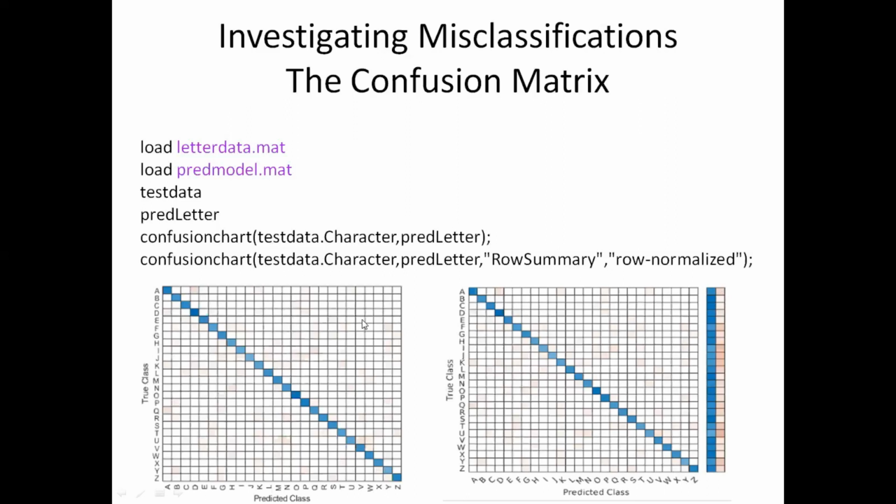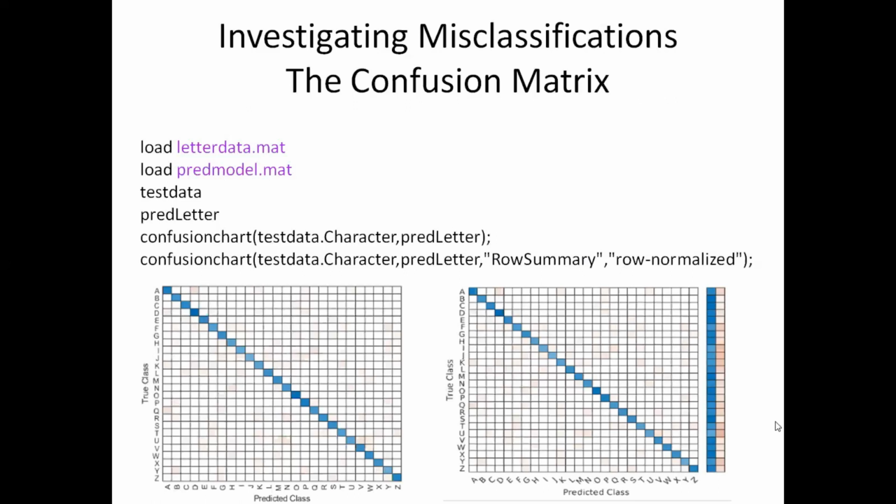To get the row summary, we need to include some additional parameters in this confusion chart function, where we ask it to display the normalized row summary. You can see two columns introduced here, which display the row summary for us.